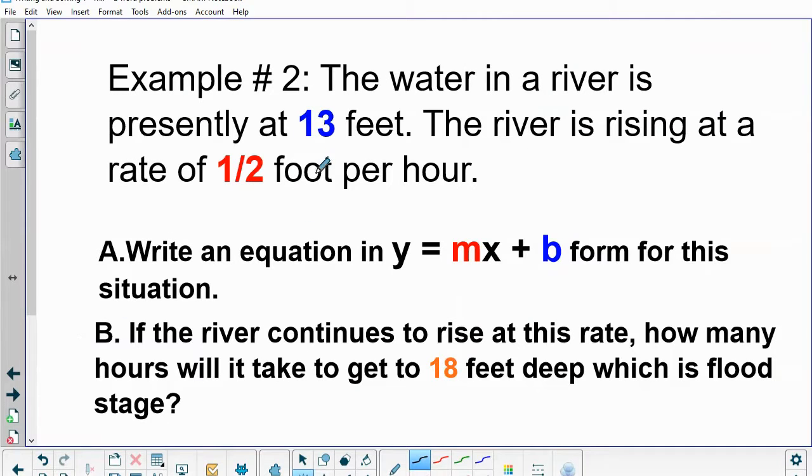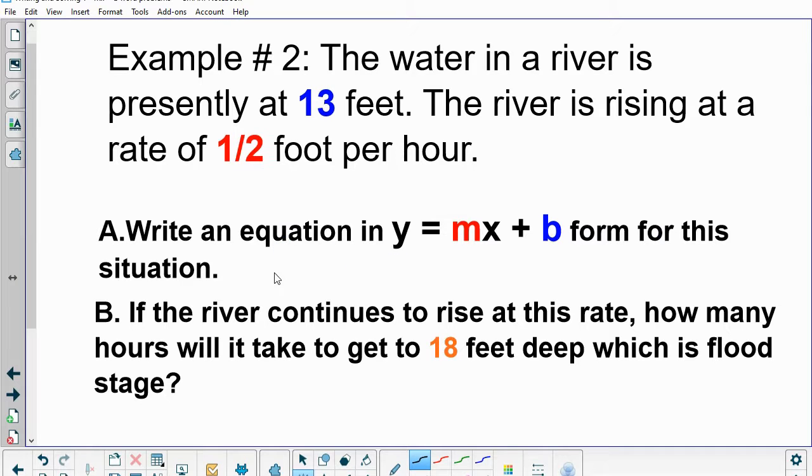All right, let's try this one. The water in a river is presently at 13 feet deep. The river is rising at a rate of 1/2 foot per hour. There's probably been a lot of rain upstream. Write an equation in y equals mx plus b form for this situation. We're going to start out with y equals, and then what is our rate of change?